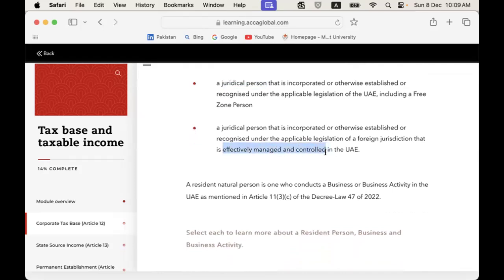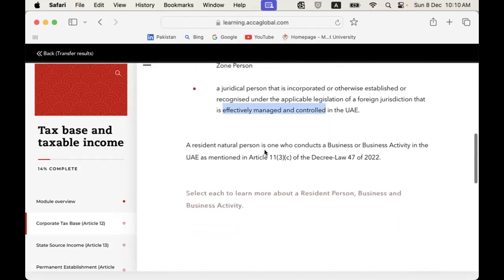If you recall, under Article 11, this is what we had studied, the three types of residents. I request you to recall it. One were domestic companies and then there are foreign companies. So the first category is UAE domestic companies. Then there are domestic entities and then there are foreign entities.